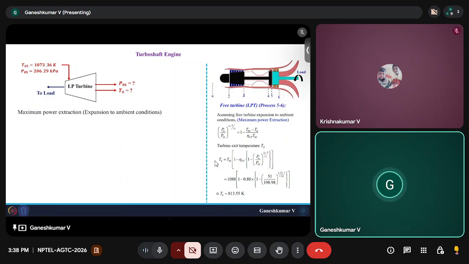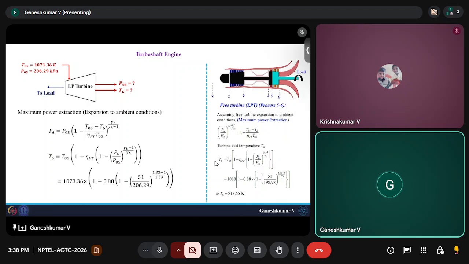So we will assume maximum power expansion for this one also. So free turbine expansion to the ambient condition, and therefore P06 is already known, which is the ambient condition, and you can rearrange this equation to write it in terms of temperature. We need to find the temperature of the gases leaving the free turbine, because the total temperature change multiplied by Cp is the enthalpy change, which is the amount of work extracted from the free turbine.